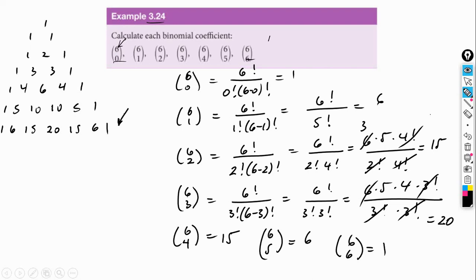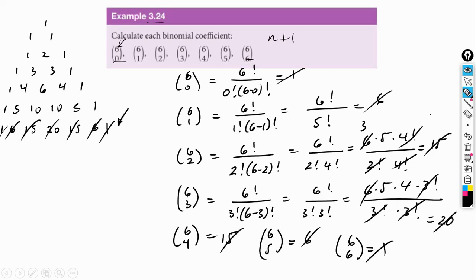So that means that we would have n plus 1 coefficients, which is always the case. First we got 1, which is this one here. Then we got 6, which is this 6 here. Then we got 15, 20, 15, 6, and 1.